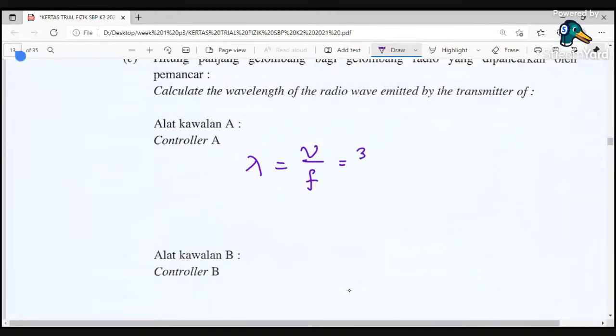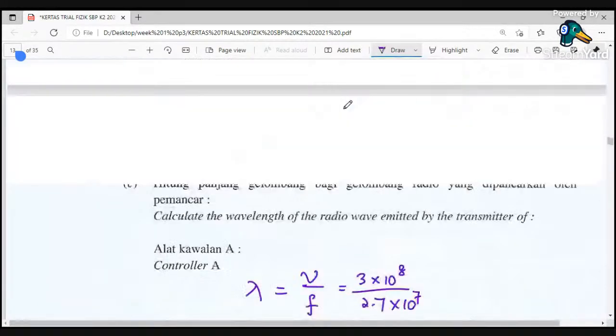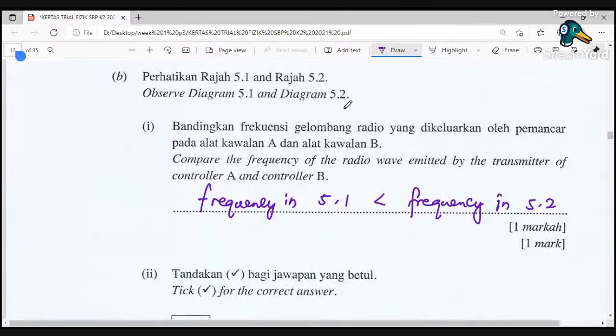So the speed equals to speed of light divided by the frequency from diagram 5.1. You can look at again the diagram picture.